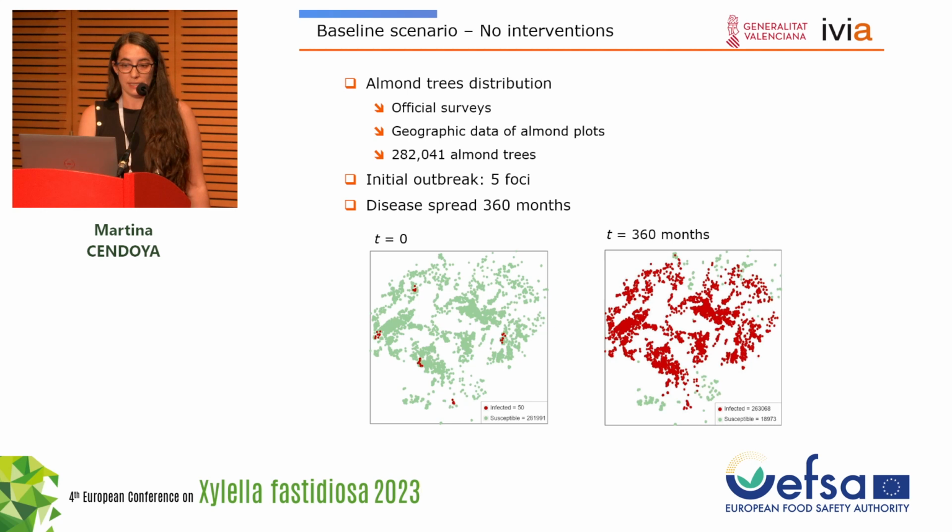We simulate the disease spread over 30 years in monthly time steps. In this scenario without interventions, which will serve as a reference for the outbreak management plans implemented later, after these 30 years we have more than 90% of the population infected.